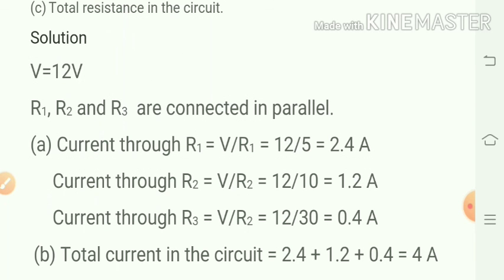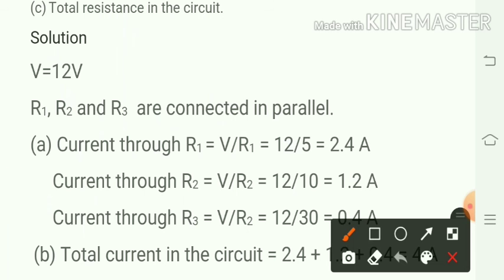Voltage is 12 volt. R1, R2, R3 are in parallel combination. Therefore, current through R1, that is I1, is equal to V by R1. Current through R2, that is I2, is equal to V by R2. Current through R3 is equal to V by R3.